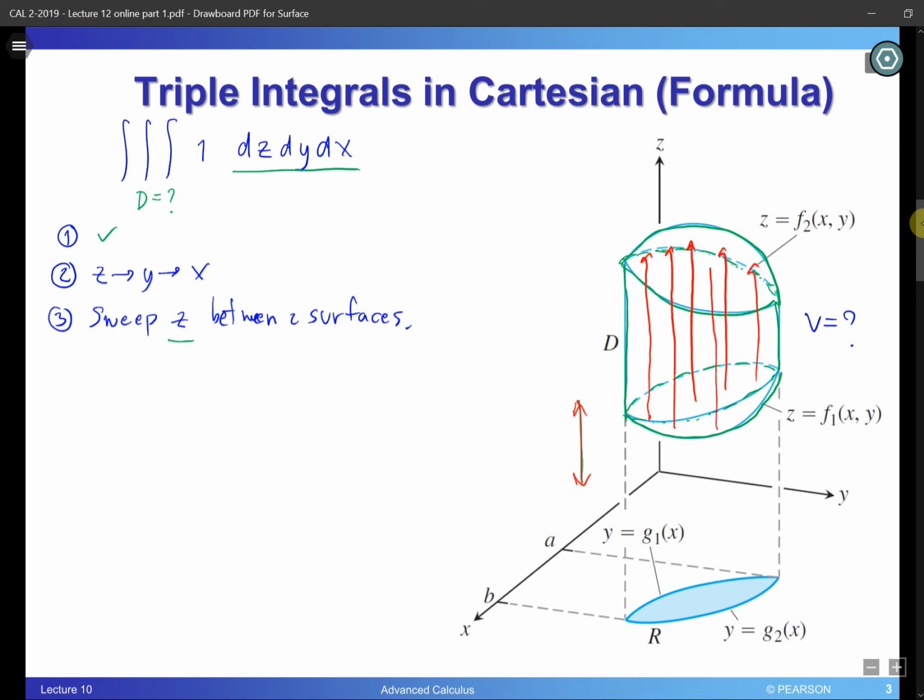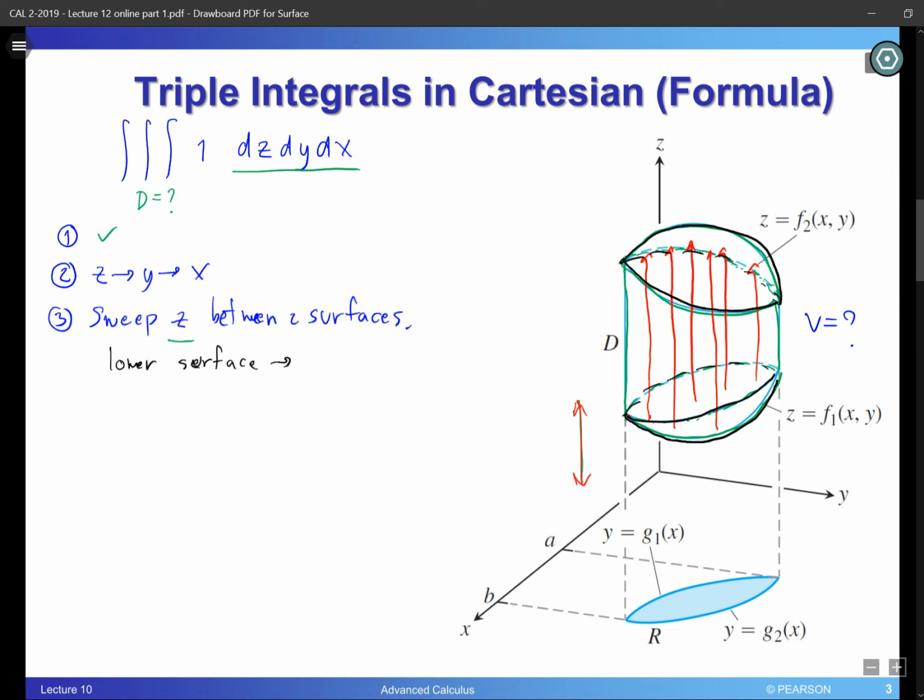all the way through. So you can see that you start sweeping from the lower surface right here. I'm going to highlight, this is the lower surface, to the upper surface right here. Okay, so let's make a note. Lower surface, that is the starting of the sweeping of z.